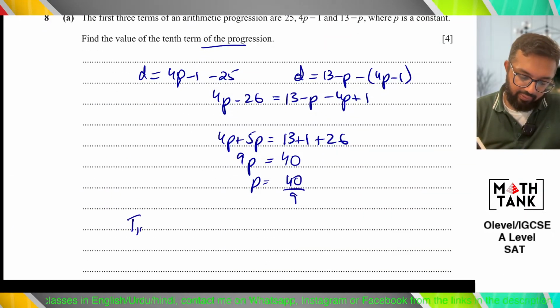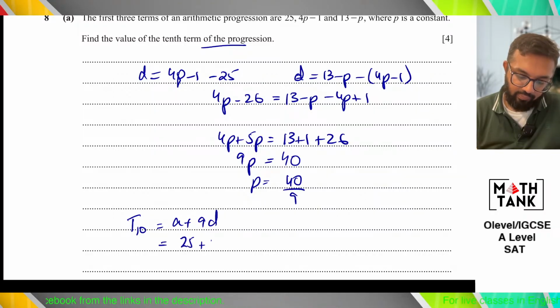And the value of the 10th term of the progression: the 10th term is a plus 9d, where d is 4p minus 26.